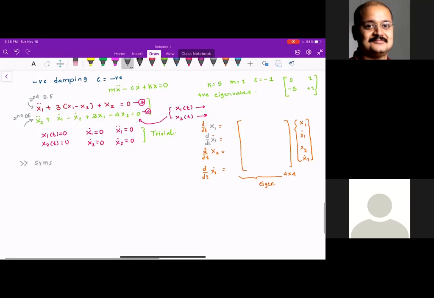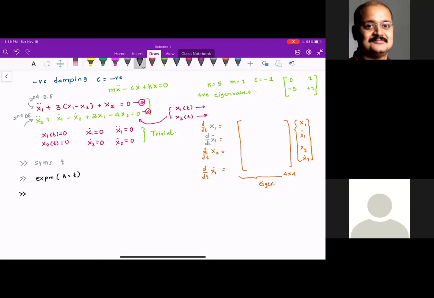SYMS time variable, multiply your matrix by T, and you take the exponent of the matrix, EXPM A times T. This gives you the solution of your differential equation.